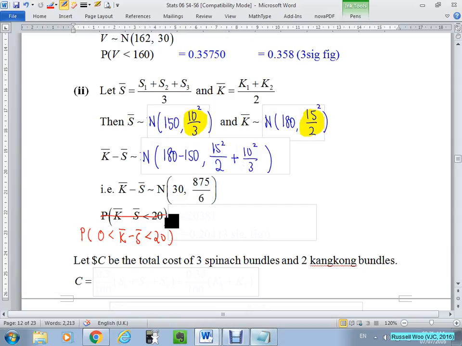Just now I was incomplete there. You actually want k bar minus s bar to be between 0 and 20, because you want s bar to be less than k bar. Correct? Does it make sense to all of us? Does it make sense? Yeah.